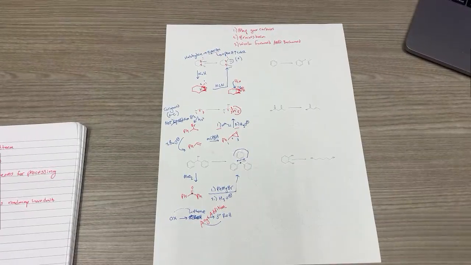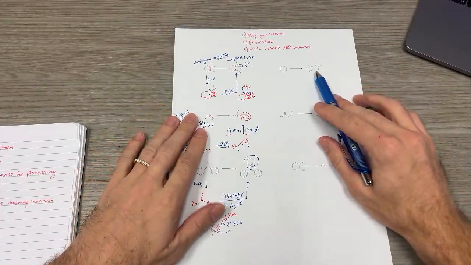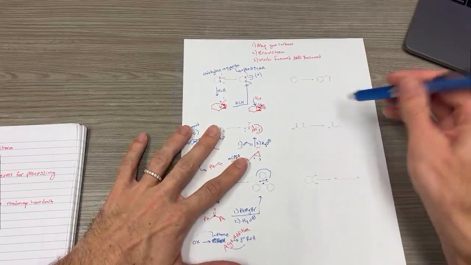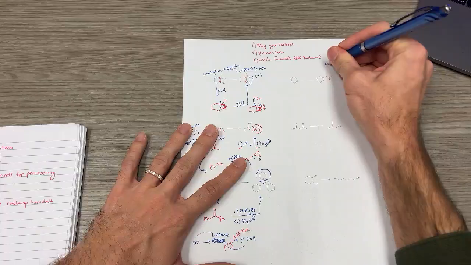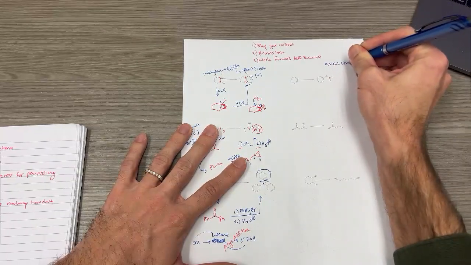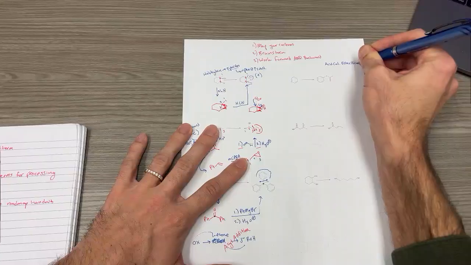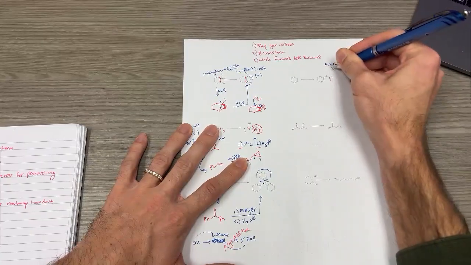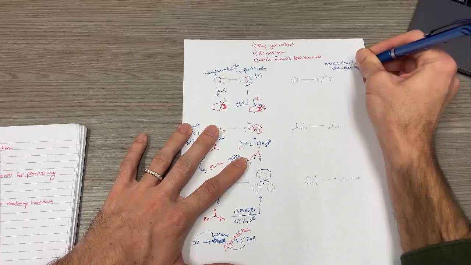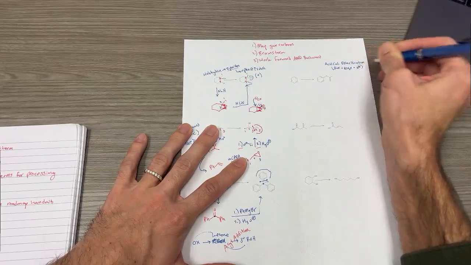We haven't seen a lot of reactions yet that synthesize esters, but there is one of them in this section with alcohols. That is the acid-catalyzed esterification. Starting materials are alcohol plus carboxylic acid in acidic conditions.